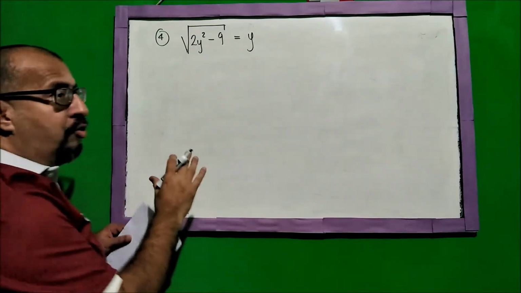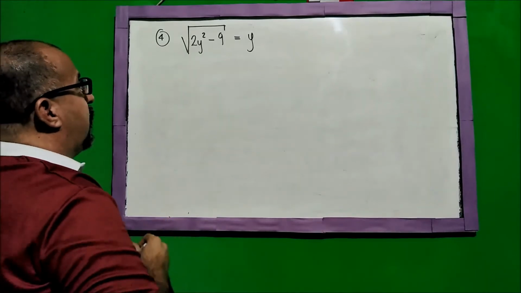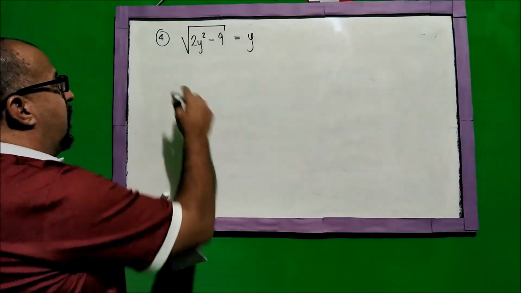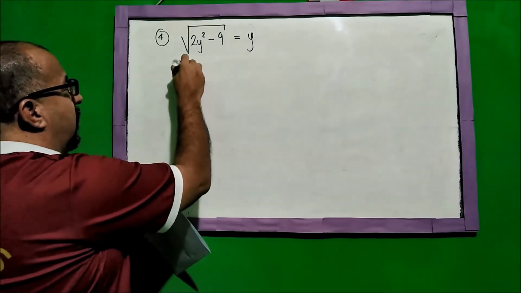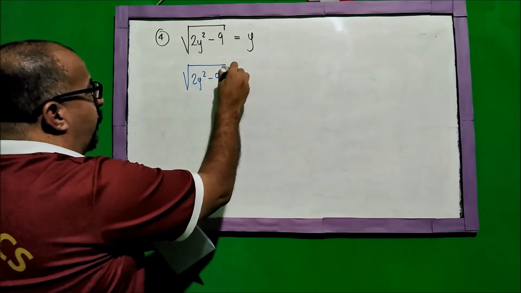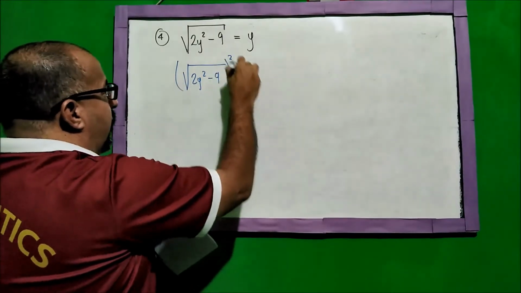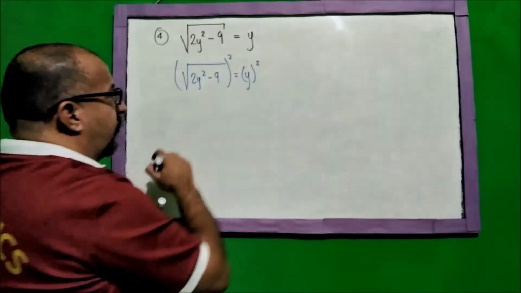So what we are going to do now in here is apply the process that we know up to now. So we copy the problem exactly as it is, and then we proceed to square both sides of the equation.